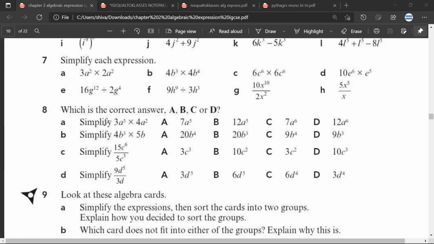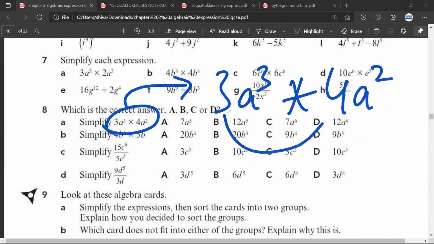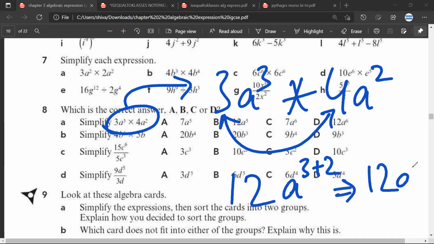Okay. Mr. Satya, what will be the answer for this? So 12a raised to power 5. Satya ji, समझ आया? Yes, sorry. Yes, yes. Satya 12a ji, raised to power 5.